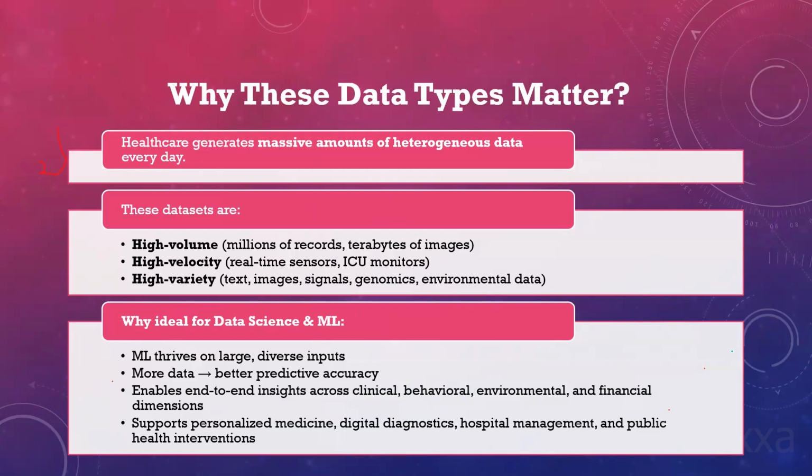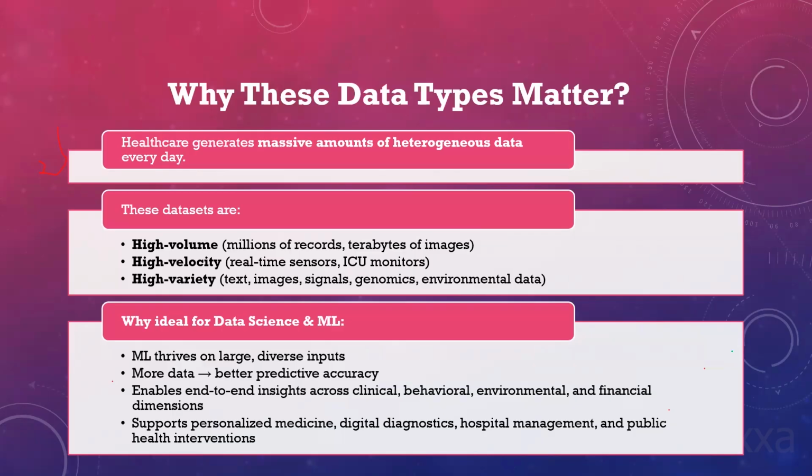Why these data sets matter, we need to understand very carefully here, because machine learning, AI, and data science are all highly dependent on the data that we feed into the models. And we know that healthcare keeps generating a massive amount of heterogeneous data every day. It may be processed in a variety of ways.